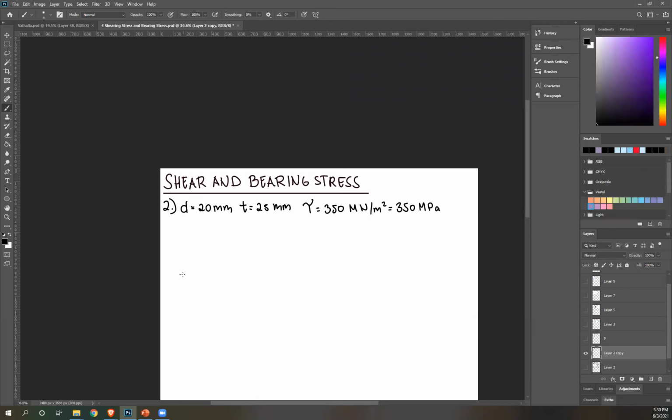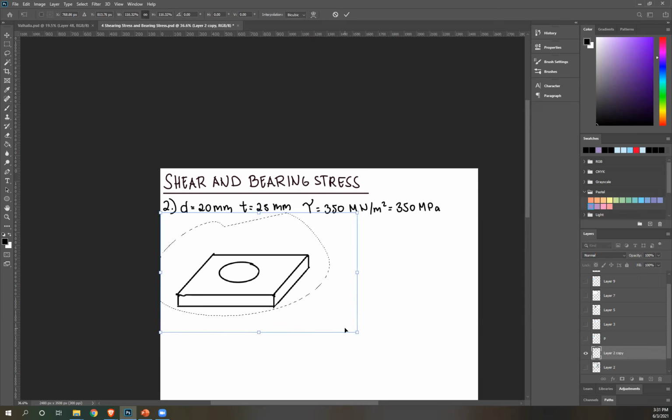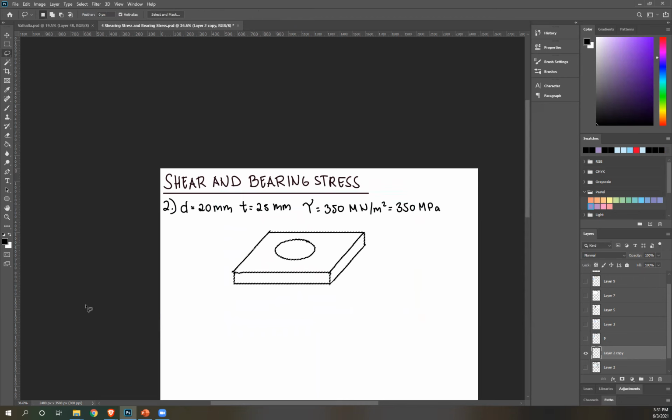All right, so let's try to draw this. Basically, this is what we want, and then we want a hole punched through this plate. So we want to punch this out.